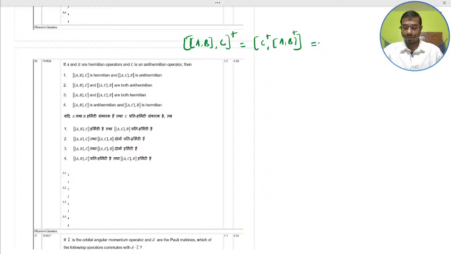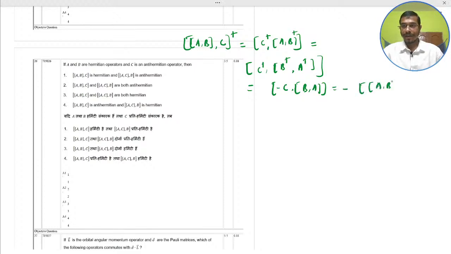So this is equal to C dagger A dagger B dagger. Okay. This would be the minus C dagger minus C commutation of B and A. So this is the minus A, B and the C.